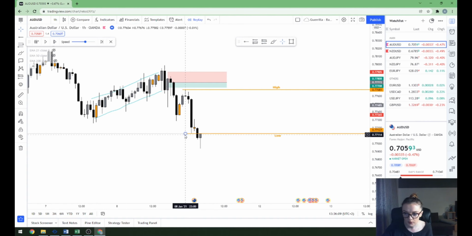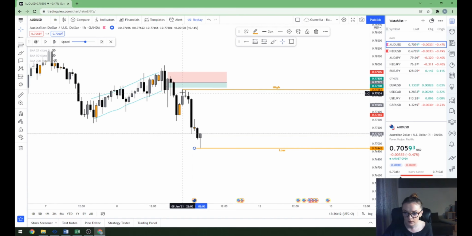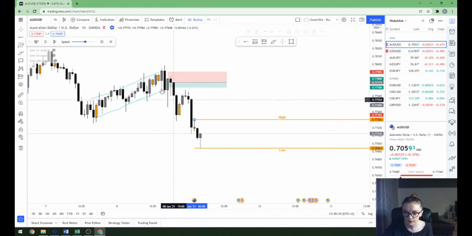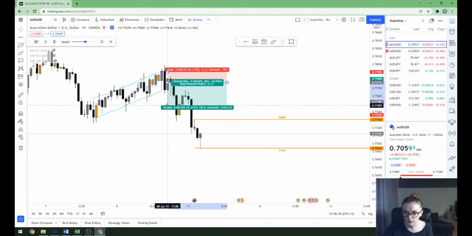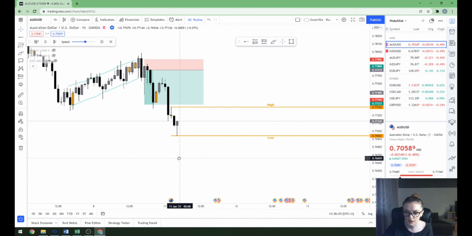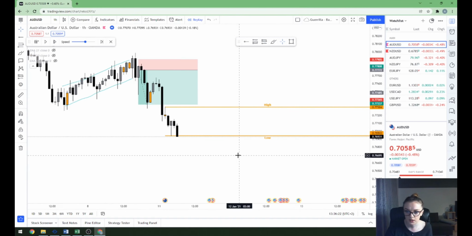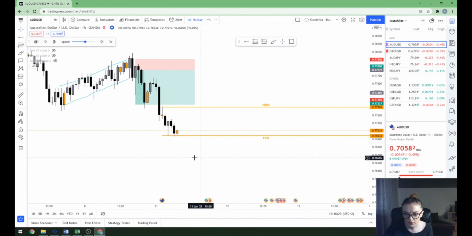We have broken the low again here. We have a new high, so we will put our stop loss 20 points above this inside bar, and let's see what will happen next. I think we have a new low here, so 3.6, and this low is 3.1.